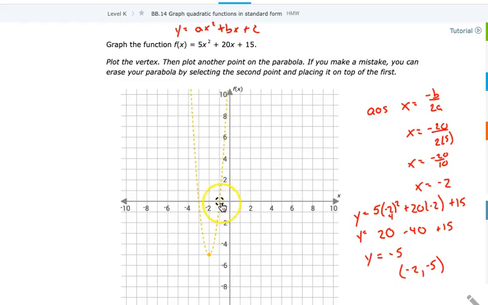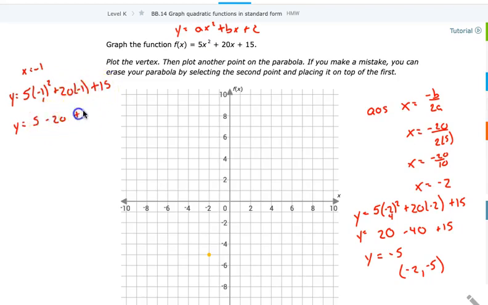Just like we did with the vertex form, I'm just going to plug it in. I'm going to say, okay, so I have y equals, I'm going to use where x equals negative 1. So 5 times negative 1 squared plus 20 times negative 1 plus 15. Now negative 1 squared, negative 1 times negative 1 is 1. So 5 times 1 is 5. 20 times negative 1 is negative 20.